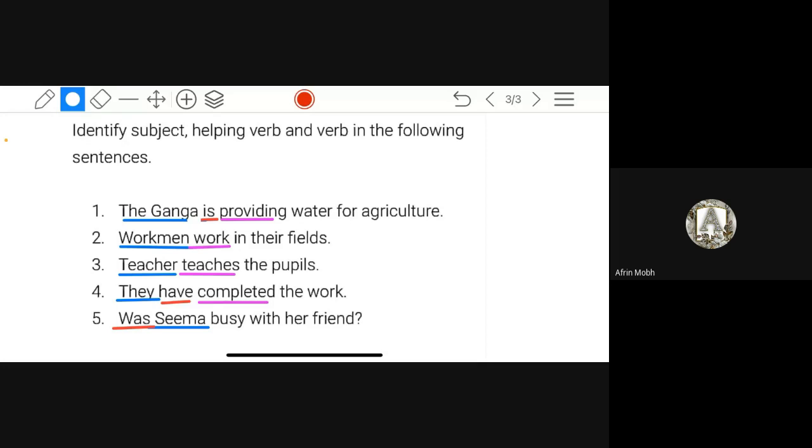I'm amazed. Busy is an adjective. It describes. We will not underline it. Got it? Busy, busier, busiest. You know the word busy. He is too busy, he cannot meet you. So busy is a describing word. It is a descriptive word. It is an adjective.